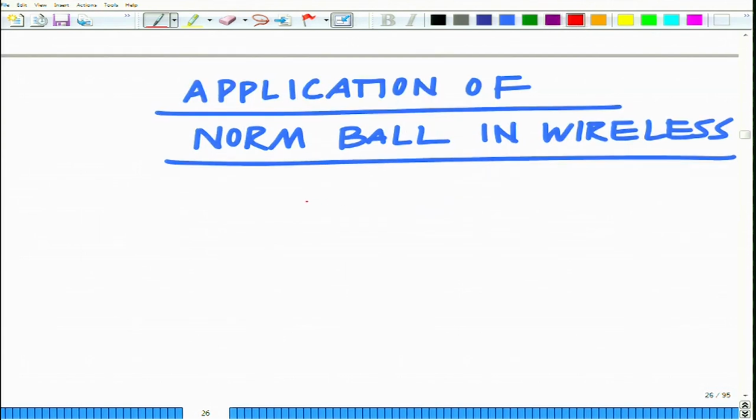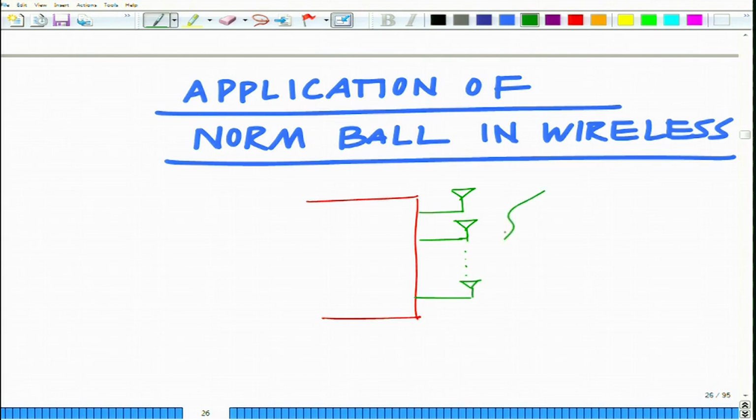For instance, again let us go back to our multi antenna beam forming problem. And we again have the different signals.